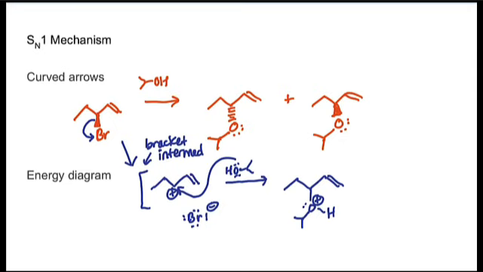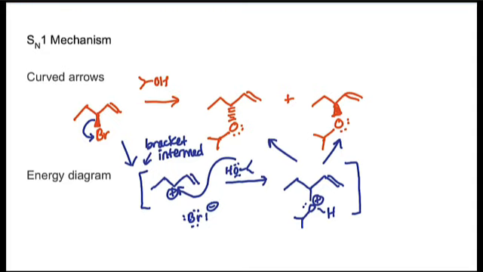So then the last step is actually going to be to lose that +1 charge. After that intermediate forms, we go ahead and form either this structure or that structure, and that just happens by losing the proton.